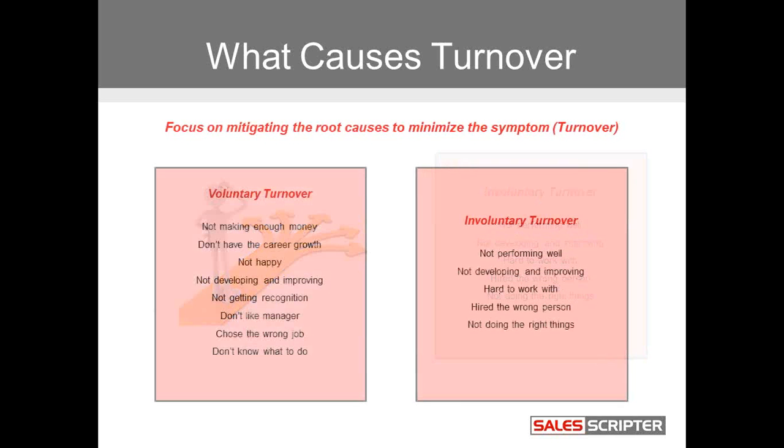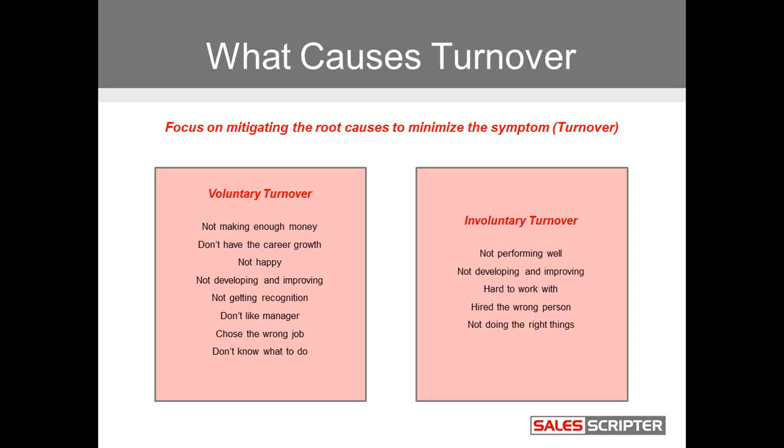But if we can agree that those are all reasons why people either leave or are asked to leave, and there might be a few others that we could add to this list, but if you agree with those being the causes, then our goal with the topic here today is how to decrease sales staff turnover.